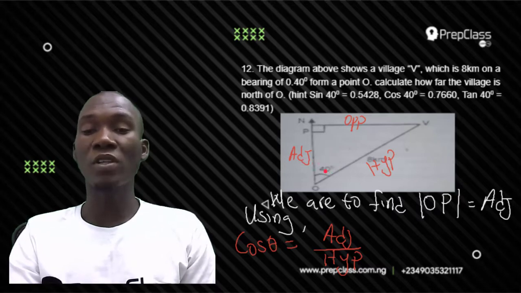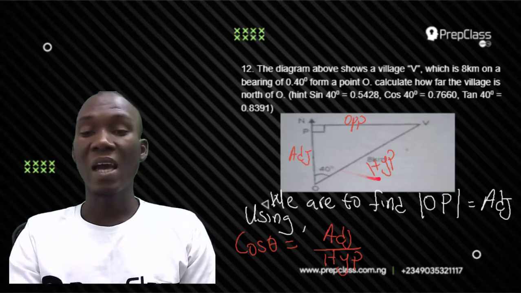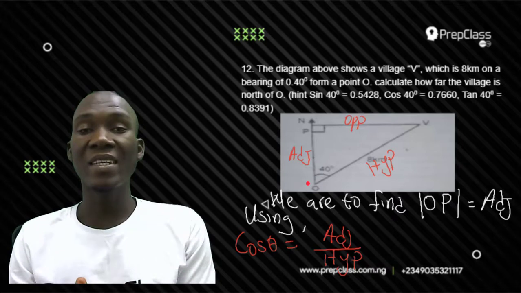Looking at this angle 40, this is the opposite, and the longest side of a right angle triangle is the hypotenuse, and this is the adjacent side. So now, because we are looking for the adjacent, and the question has given us 8 km to be the hypotenuse, we need to check, is it cos, is it sine, is it tangent?